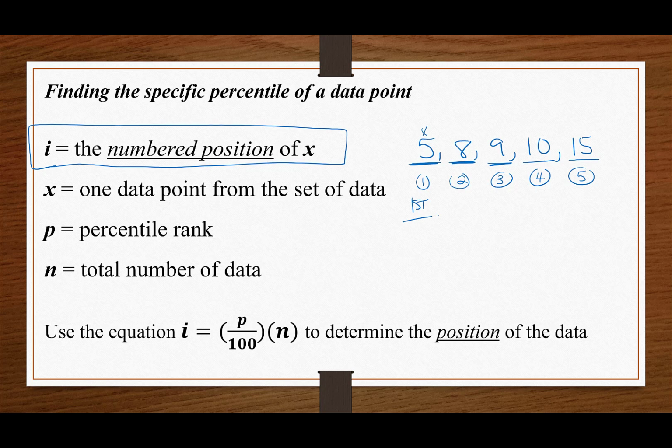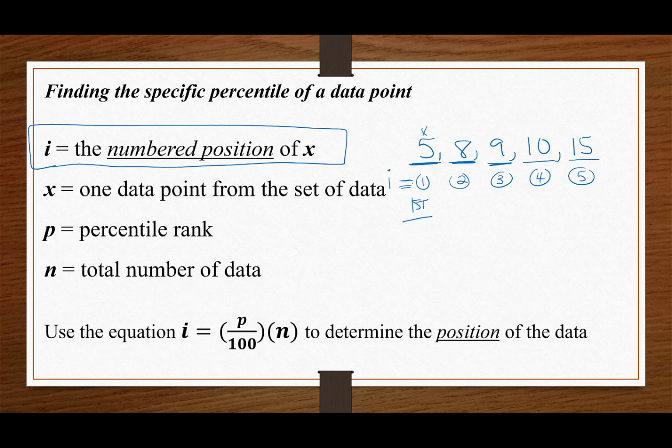And so the same is true with these numbers. Once you put these numbers in numerical order, 5 is in that first chair. So the numbered position for the data point 5 would be I equals 1. The position of the data point 8 is I equals 2. So just those position numbers, that's what I'm calling I in our formula.